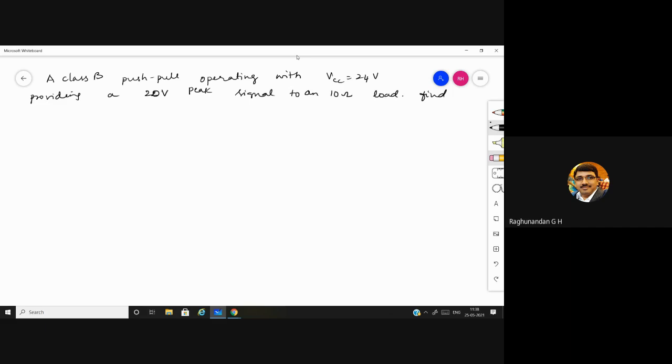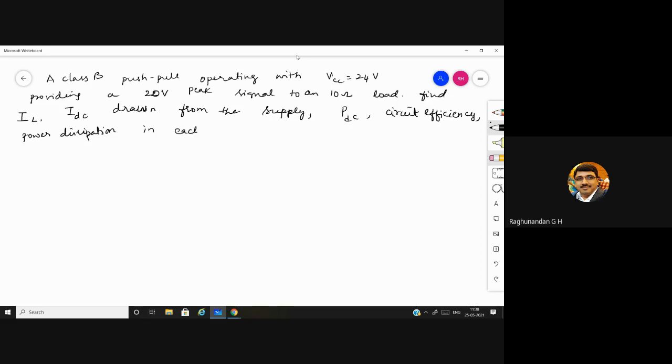Find IL, IDC drawn from the supply, PDC, circuit efficiency, power dissipation in each transistor.